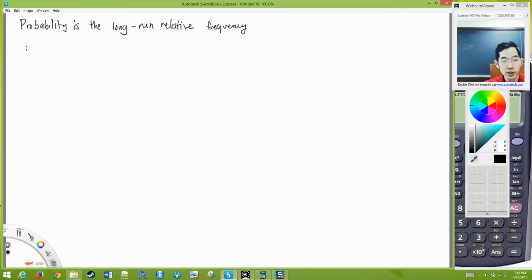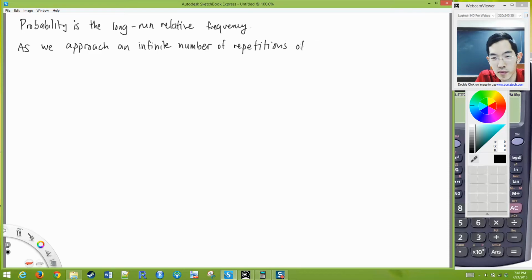So as we approach an infinite number of repetitions of the event, the relative frequency that we observe is the probability of the event.